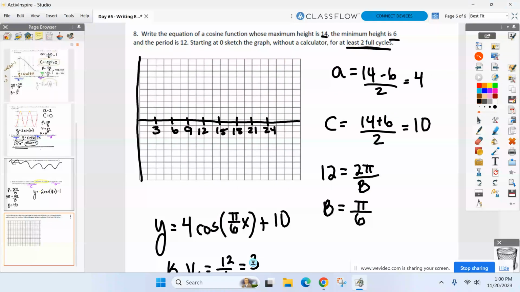Do you remember what 3 values I need on the y? Max, min, and midline. Perfect. So what was the max? 14, so that's got to go on there. Also the minimum, 6, and also the midline, which we found, which was 10. So I need 6, 10, and 14 on there somehow.